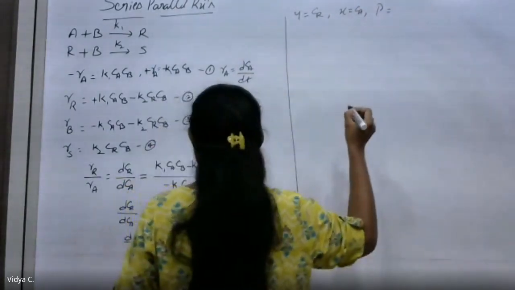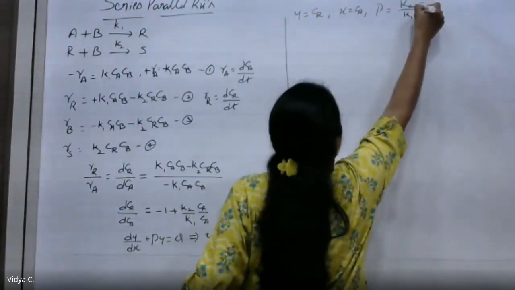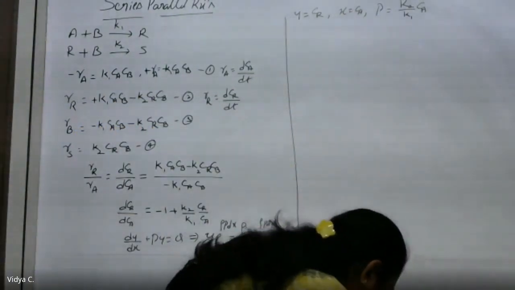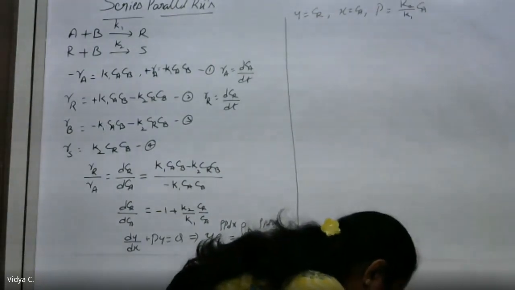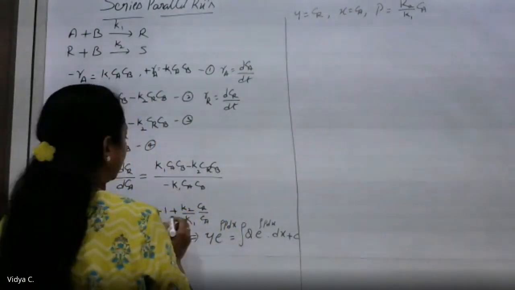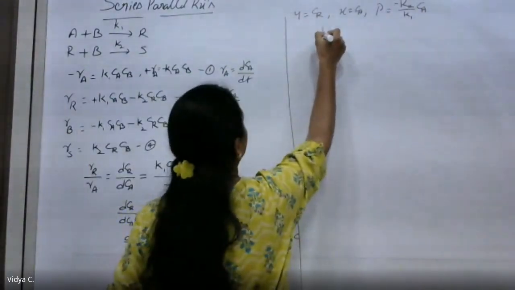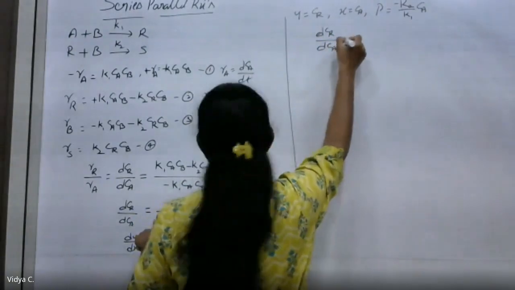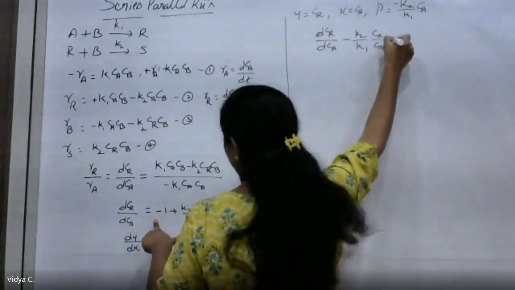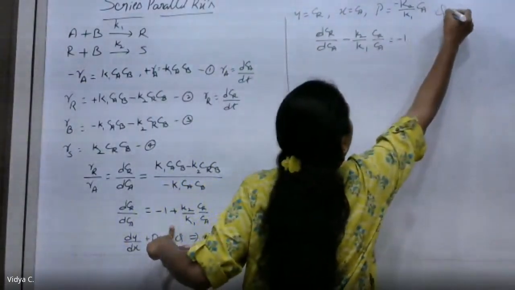Rewriting, dCR by dCA minus K2 by K1 into CR by CA is equal to minus 1. So P will be minus K2 by K1 into CA, and Q will be minus 1.